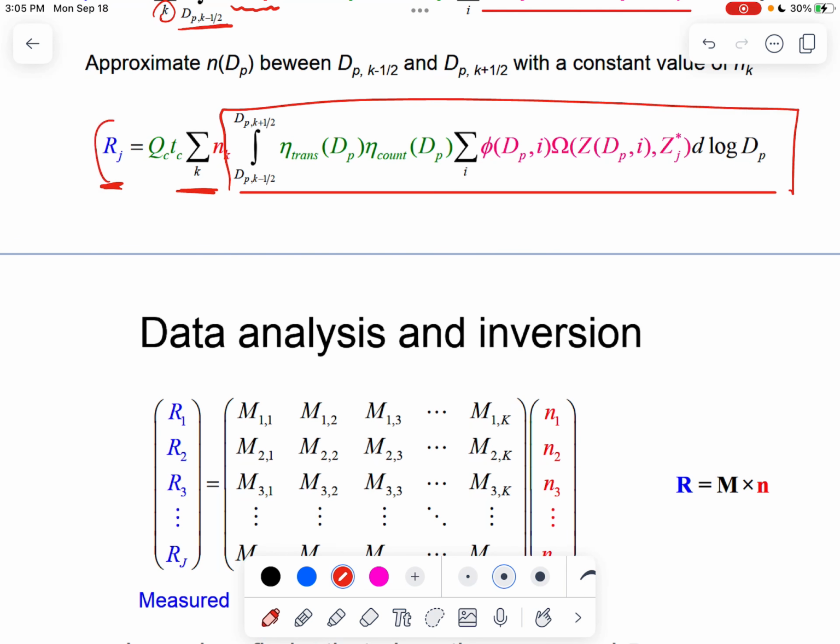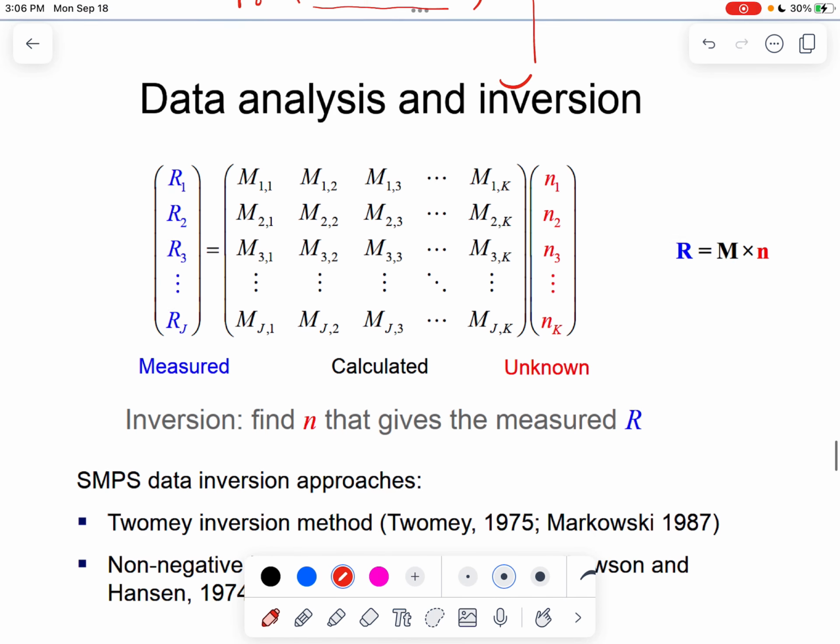So basically, you can see that the response of the CPC is dependent on the concentration of particles in different size bins. And for particles in different size bins, you multiply a different factor here. So basically, if you further write it out, it's going to be Rj equals a row of factors multiplied by a column of size distribution functions, right?